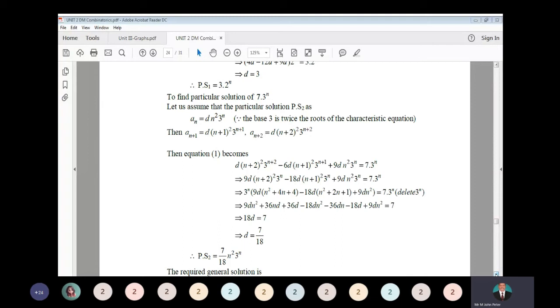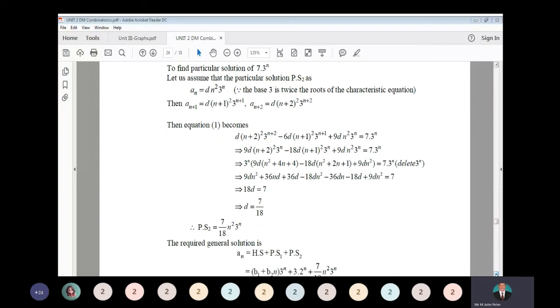Here the remaining values are getting cancelled. Only 18d you will get. So d is equal to 7 by 18. So replace it in the assumed solution. So particular solution 2 is 7 by 18 n square into 3 power n.